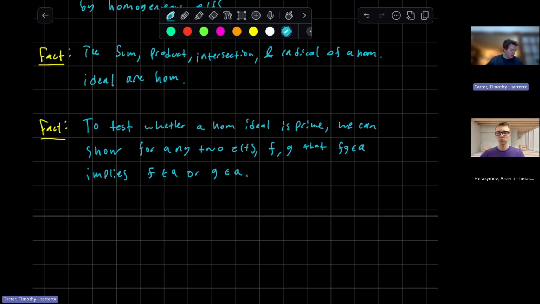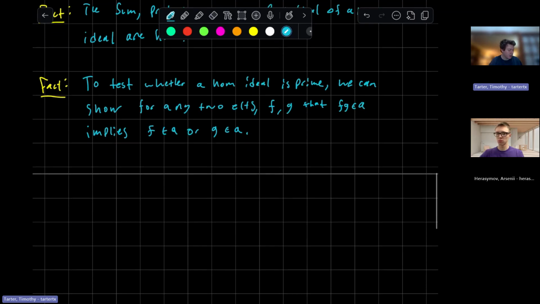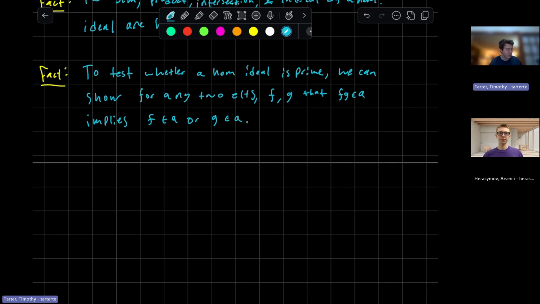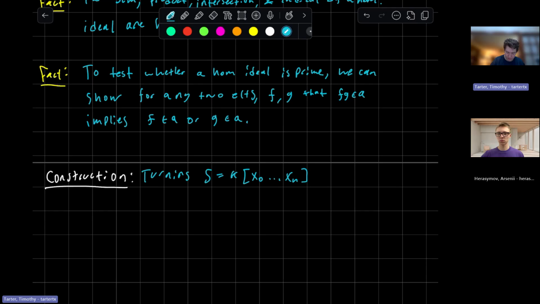Yeah. So we can make any polynomial ring into a graded ring by taking each S_d to be the set of all linear combinations of monomials of total weight d. This is an important construction that I'm going to write out. Turning S equals K[X_0, ..., X_n] into a graded ring.